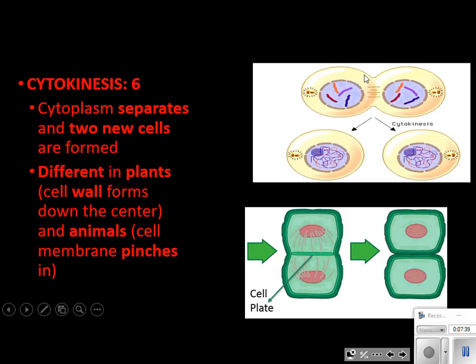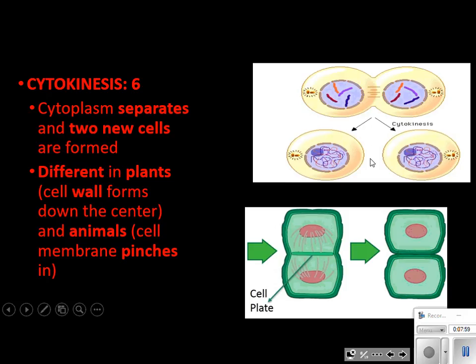Now, for the plant cell up here, it's a little bit different. See how the cell starts to pinch right here. The cell starts to pinch right here, and we actually call that the cell is cleaving. So that is cleavage there.